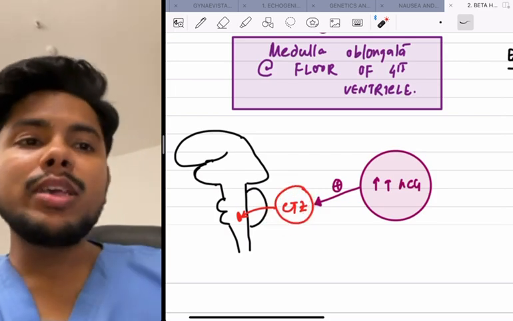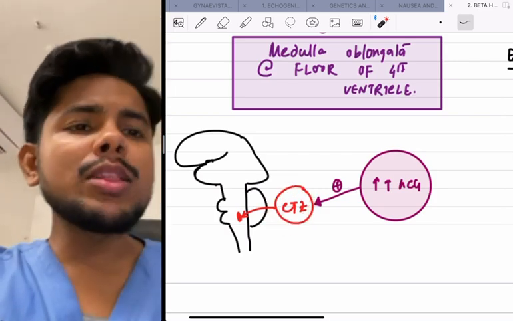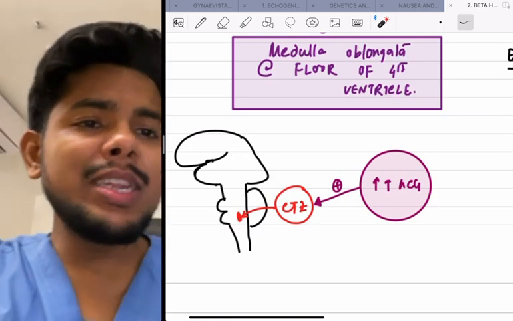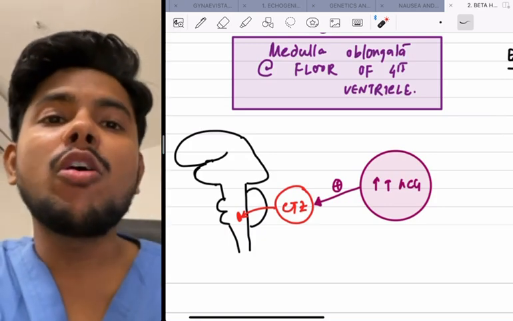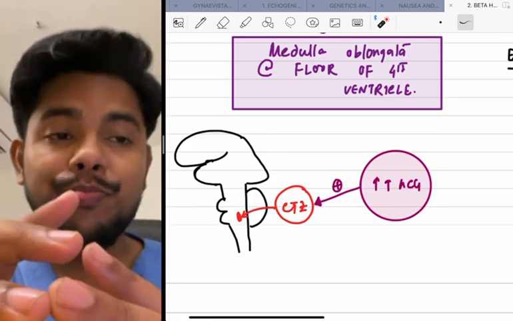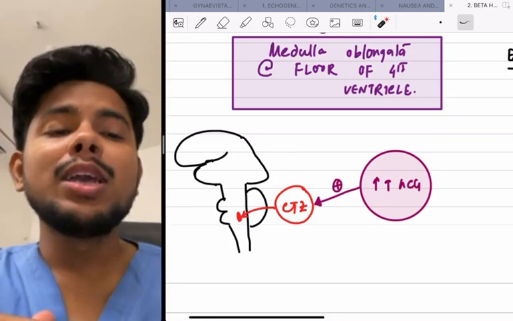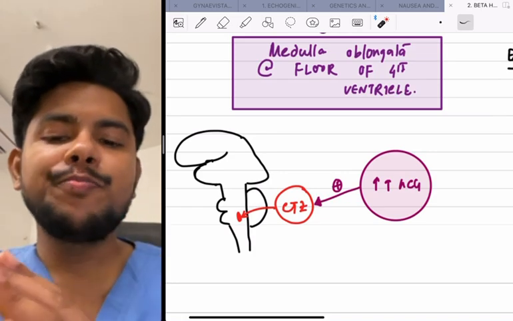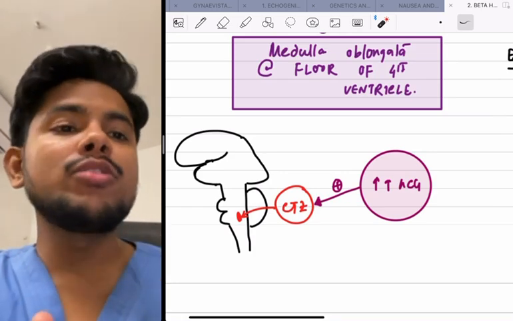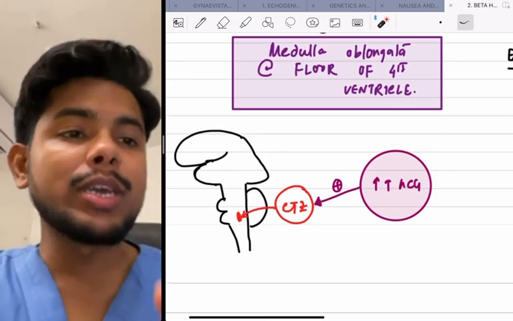Now, the peculiar thing about this vomiting center is that it is present in that part of the brain which is not a very well secured zone. What I mean to say is this CTZ is present near a region called area postrema, and in this region the blood-brain barrier is broken.